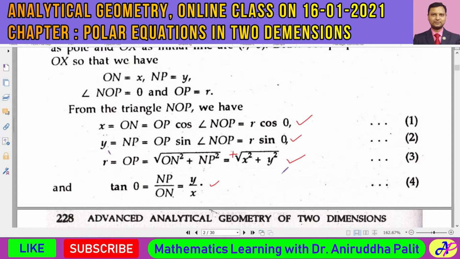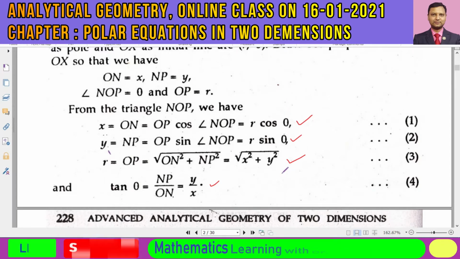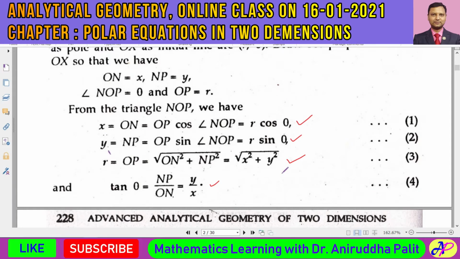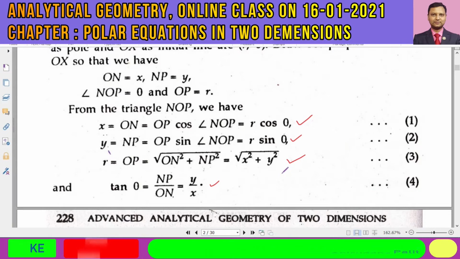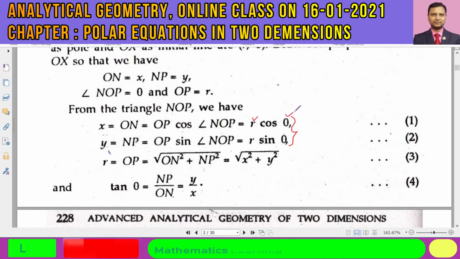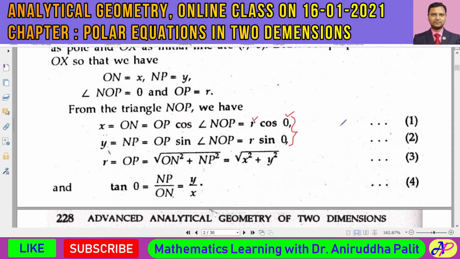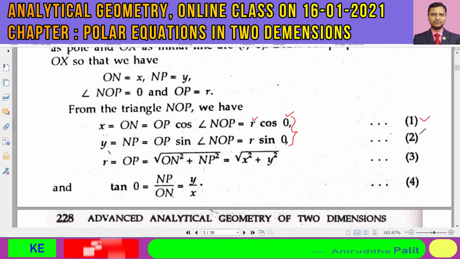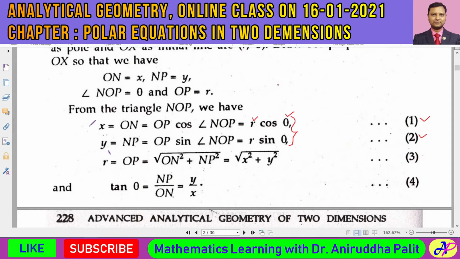Now, there are certain problems with this kind of transformation. What are these problems? You see, if we consider x is equal to r cos theta and y is equal to r sin theta, whenever r and theta are known, then by formula number 1 and formula number 2, we can find the expressions of x and y.